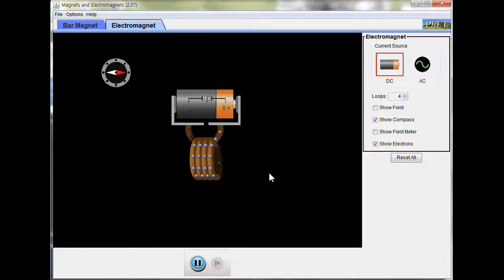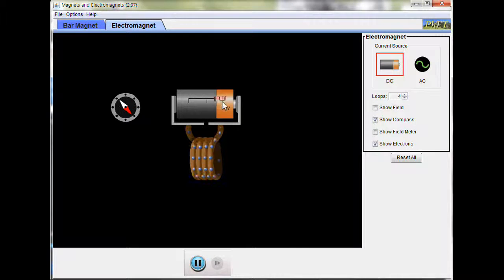Anyway, we have this compass again. Now the compass is not responding to anything, right? That is because the current is not flowing. And these small dots here represent electrons. So remember that the direction of electron flow is opposite to the direction of the current. So let's turn this on.